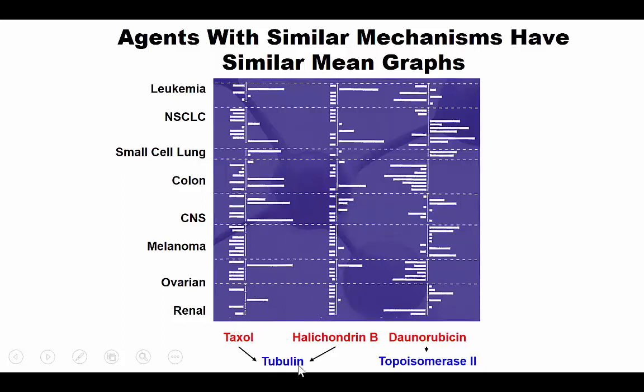Taxol is an anti-tubulin compound, so this compound may be an anti-tubulin compound too. Using similar analysis, by analyzing tens of thousands of compounds, some of those classes can be classified. Okay, from this pattern you can tell topoisomerase 2 as a potential target.